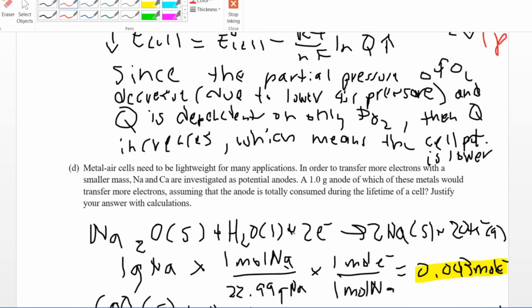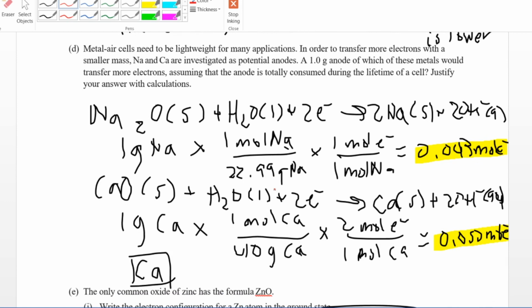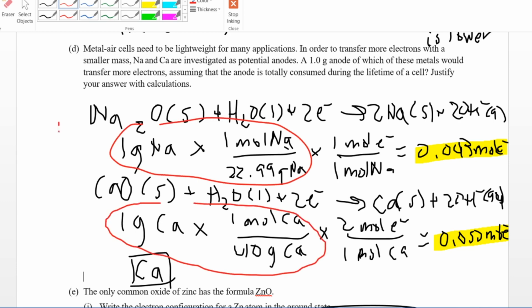For part D, you have 2 points to earn here. 1 point is for finding the correct mole calculations for sodium and calcium. Right here is a mole calculation, and this is a mole calculation right here. 1 point for both of those. And the points earned for taking the 1 versus 2 moles of electrons.